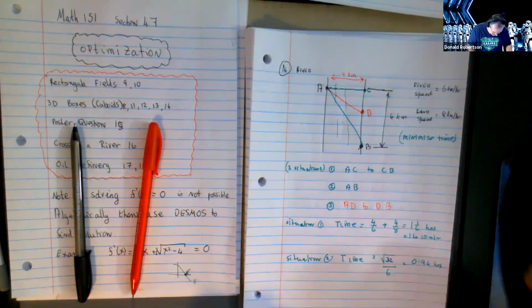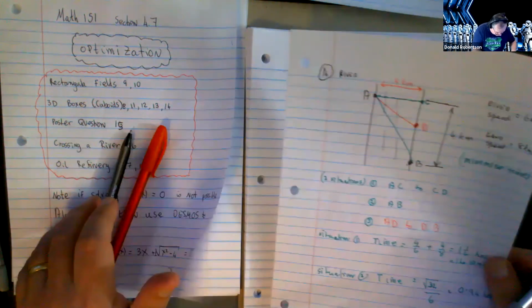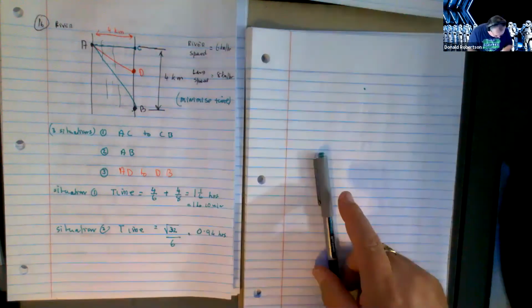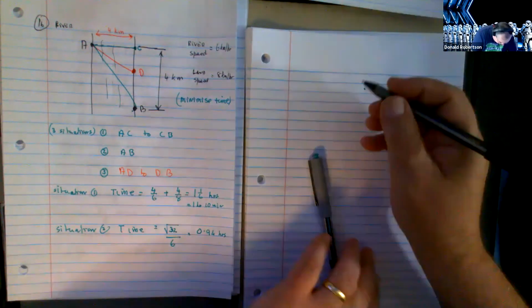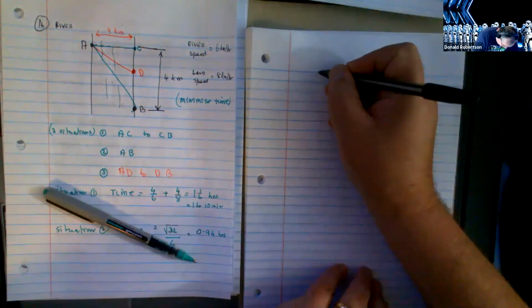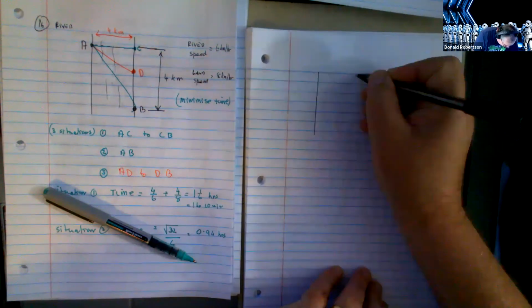Now we have the last situation, which is the one that's going to cause us all the trouble, I think, because it is the optimization one. So there's an awful lot happening in that picture, so I'm just going to redo it again.